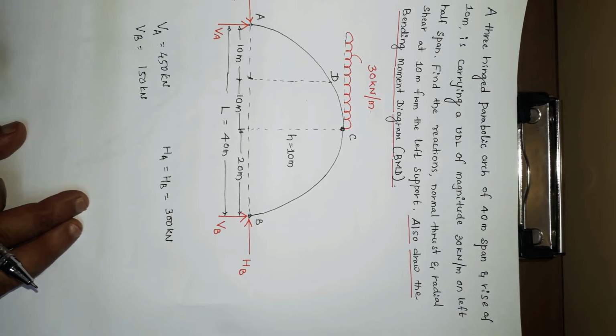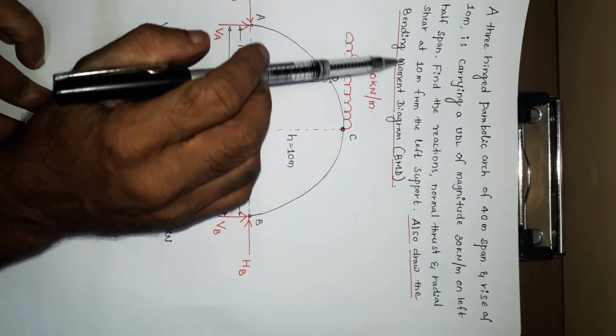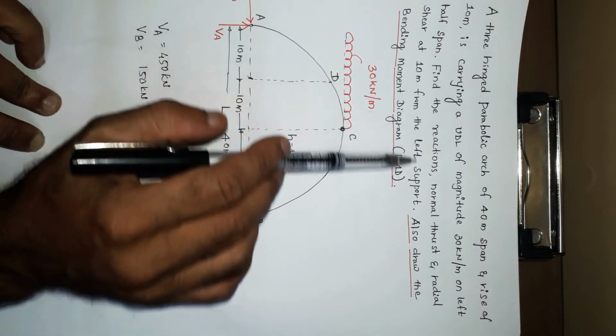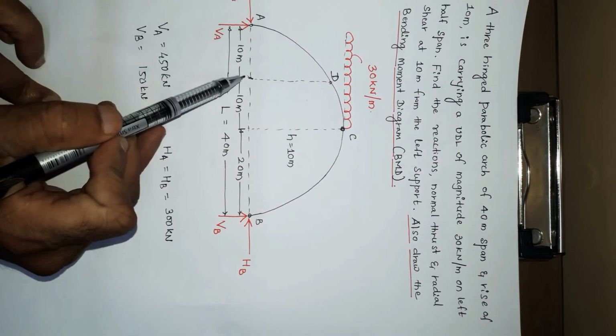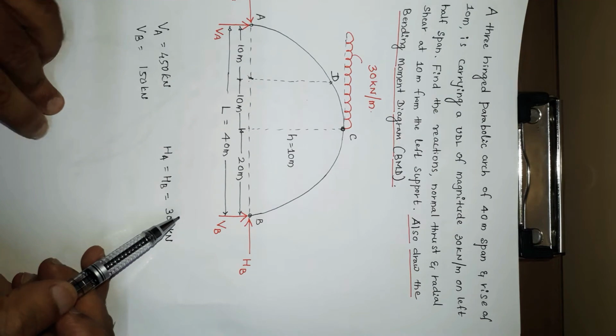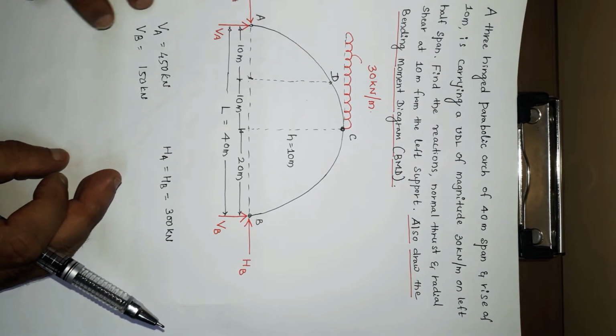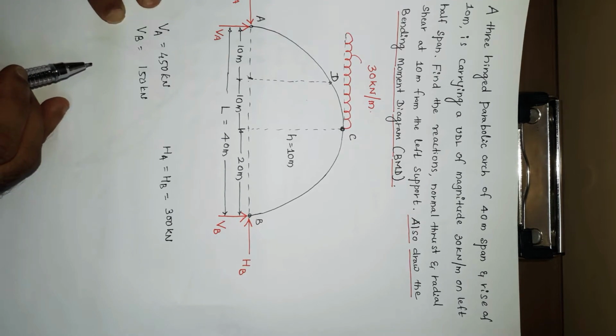Again, we have to calculate the normal thrust and radial shear at 10 meter from the left support. That is at point D, which is at 10 meter from support A. We have to calculate normal thrust, that is N, and radial shear Q. We already know the procedure to calculate these things.